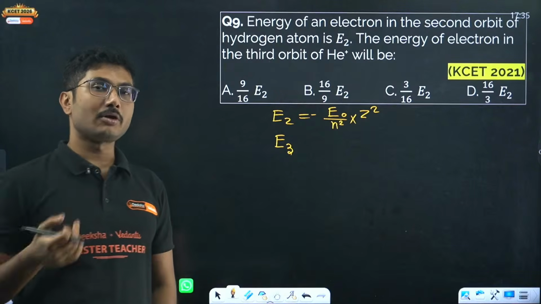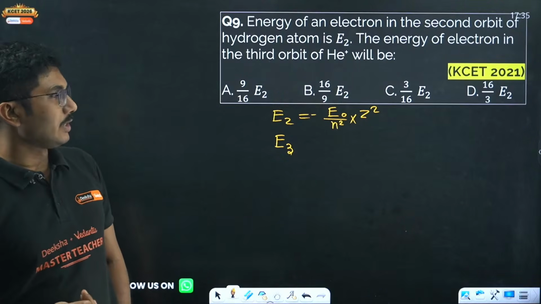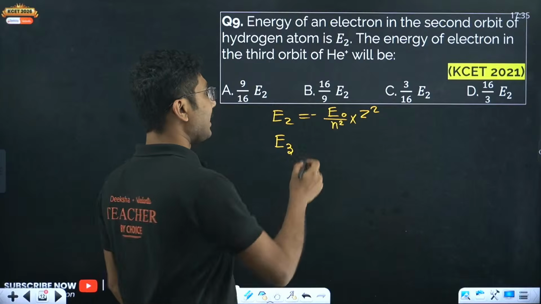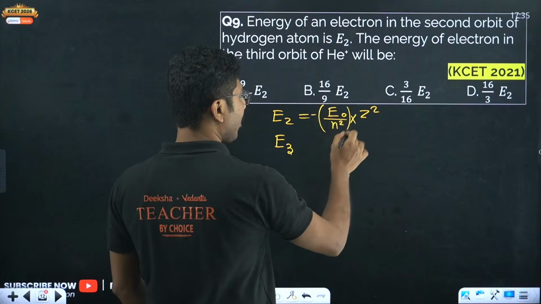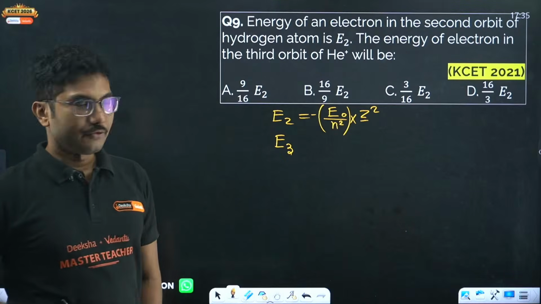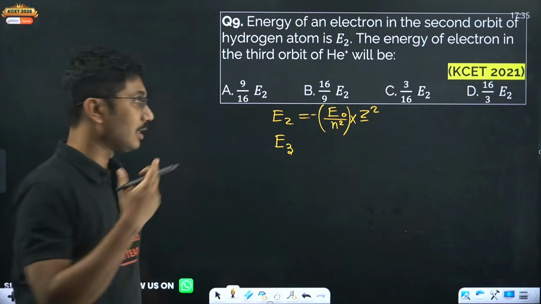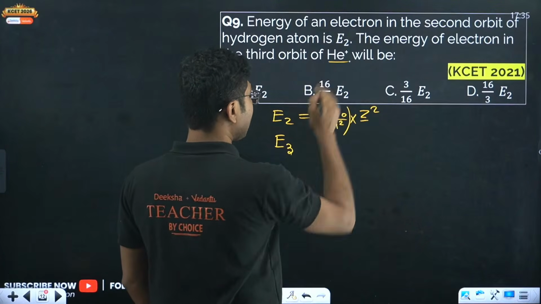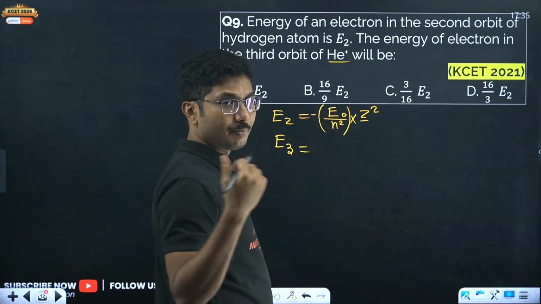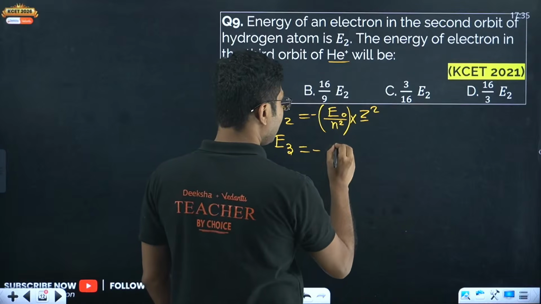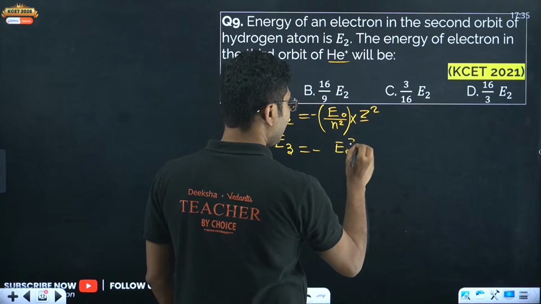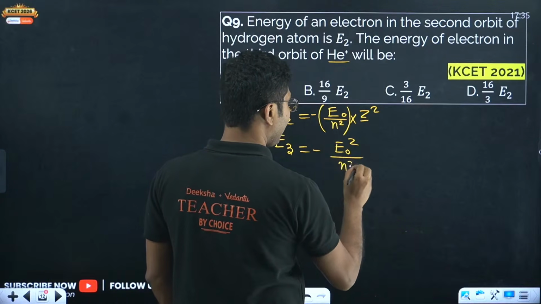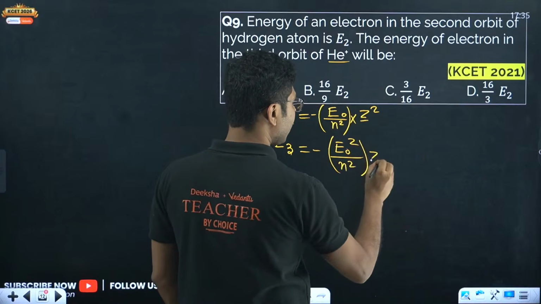So E0 by n square for hydrogen, Z equals 1. For helium plus, it will be Z equals 2. So the same formula will be applicable, E0 Z square by n square, but here Z will be equal to 2.